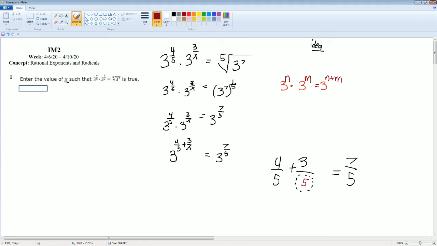It can just be 4 plus 3, and 4 plus 3 is equal to 7. And here, it just becomes 5. So x is equal to what value? 5. So there you go. That's how you do number 1.